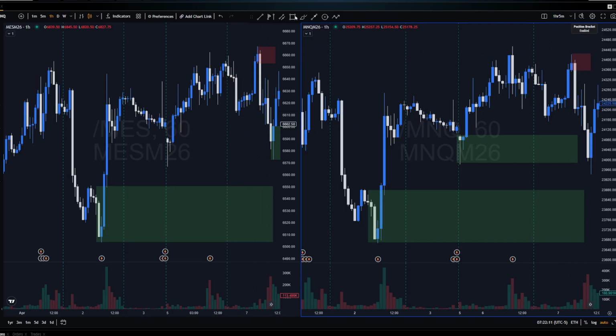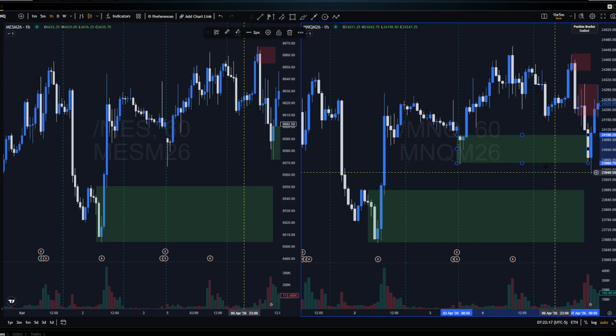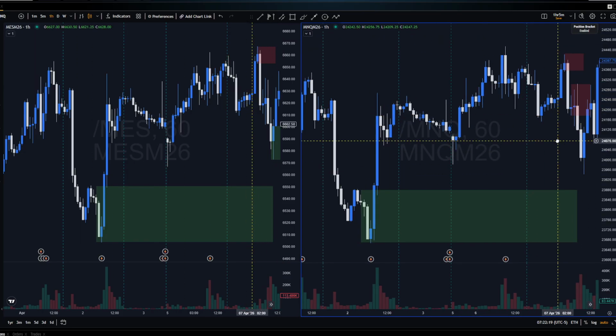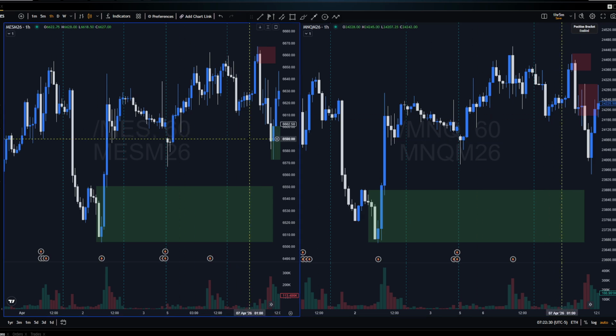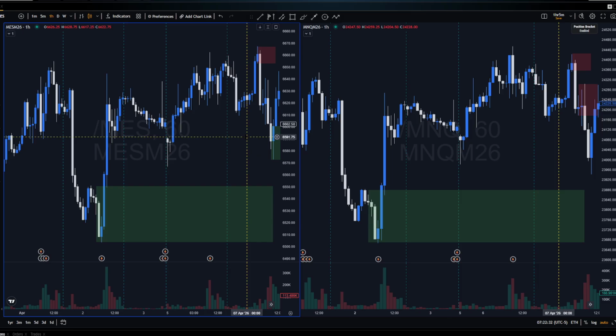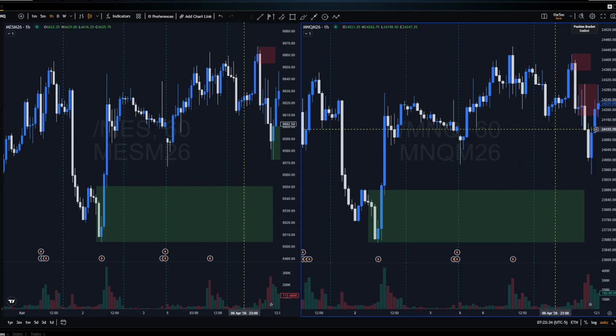These sellers right here actually broke our demand. Boom. So now, if I was bullish overall the market, I would be longing ES on the left. If I was bearish overall the market, I would be shorting NQ.